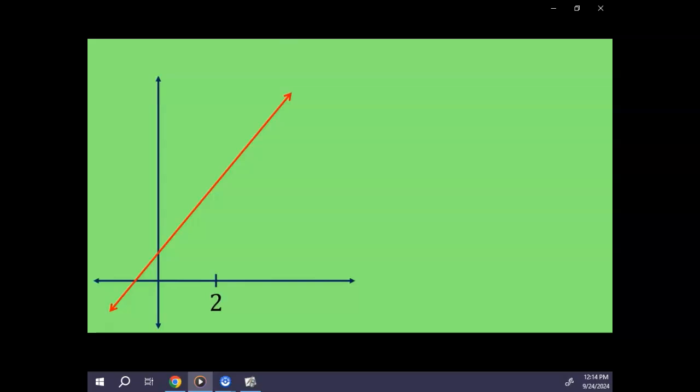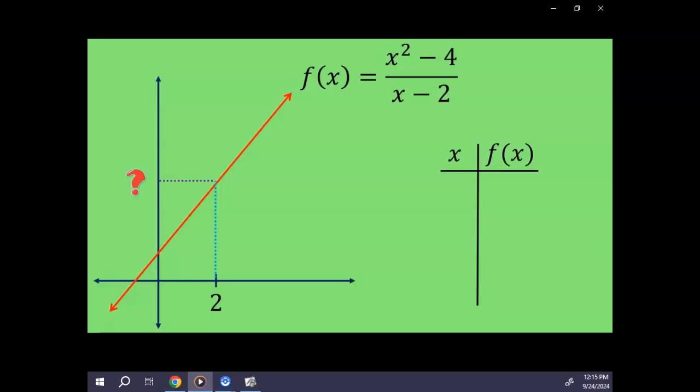Let's see how this works with yet another function. Let's go ahead and use x squared minus 4 all divided by x minus 2. Like before, we are interested in what value the function approaches as we use x values close to 2. Let's go ahead and choose some inputs like 1.9, 1.99, and 1.999.